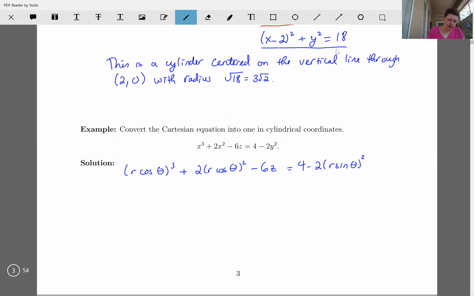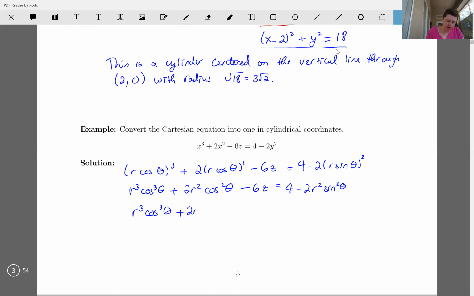So we're going to get r cubed cosine cubed theta plus 2 times r squared cosine squared theta minus 6z is equal to 4 minus 2 r squared sine squared theta, or combining terms in the appropriate way, r cubed cosine cubed theta plus 2 r squared cosine squared theta plus 2 r squared sine squared theta minus 6z is equal to 4.